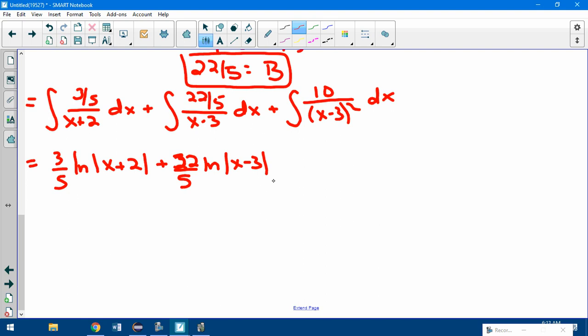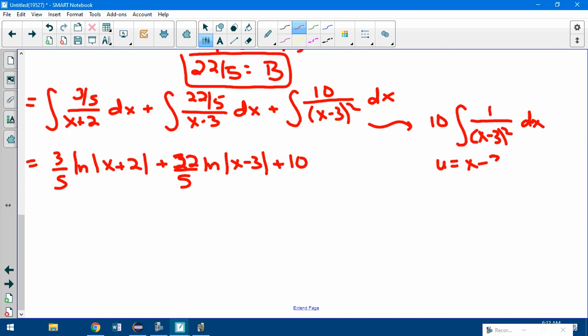Now the last one, we can pull that 10 out front, but then think about what's happening. So this would be 10 times the integral of 1 over x minus 3 squared dx. Don't just jump to ln because there's a squared here now. So now if you let u equal x minus 3, the derivative is still 1.